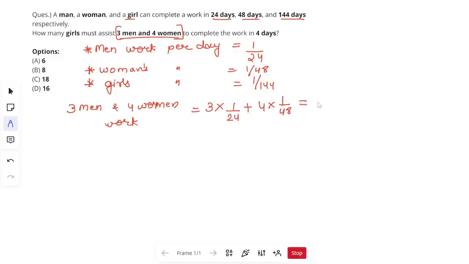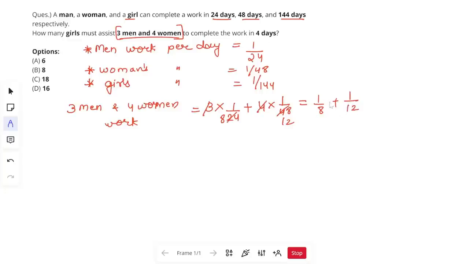If you simplify it, it is going to be 1 by 8, because 3 and 24 will cut by 3, so 1 by 8, plus 4 and 48 will cut by 4, giving 1 by 12. So the values that you will get are 1 by 8 plus 1 by 12.